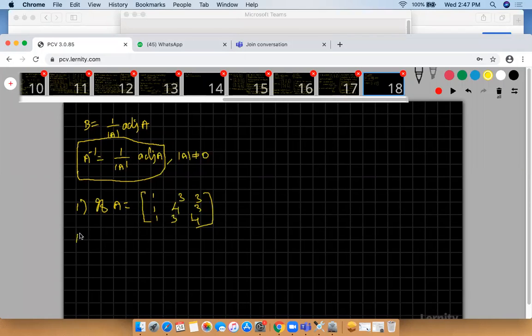Then verify that A into adjoint of A equals determinant of A into I. Also find A inverse.